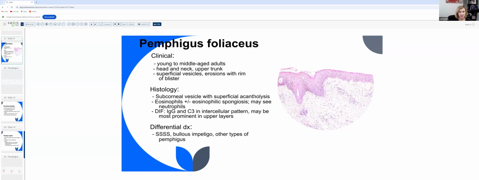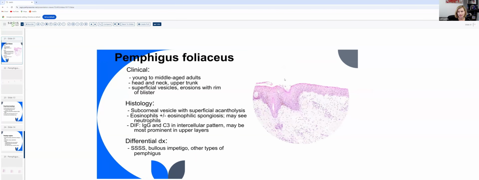And again, we see eosinophils. We can see eosinophilic spongiosis, and neutrophils may or may not be present. The direct immunofluorescence is similar to that seen in Pemphigus vulgaris, although the IgG and C3 may be most prominent in the upper epidermal layers. The differential diagnosis includes staph scalded skin, bullous impetigo, as well as other forms of pemphigus.